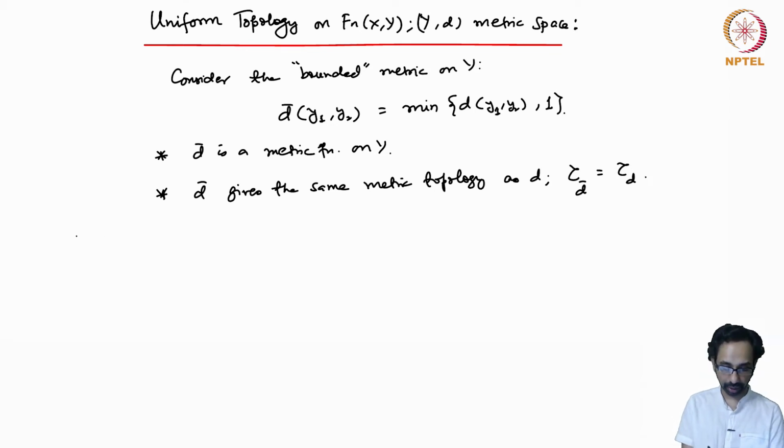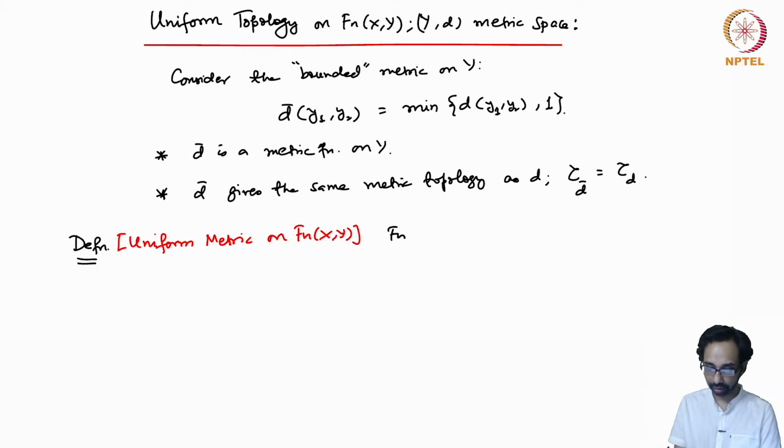And now we define the so-called uniform metric on Fn(X,Y), and this is defined as follows.